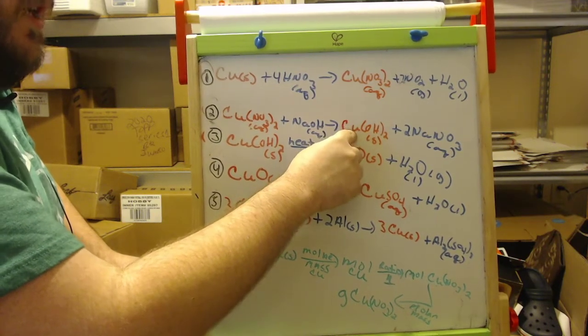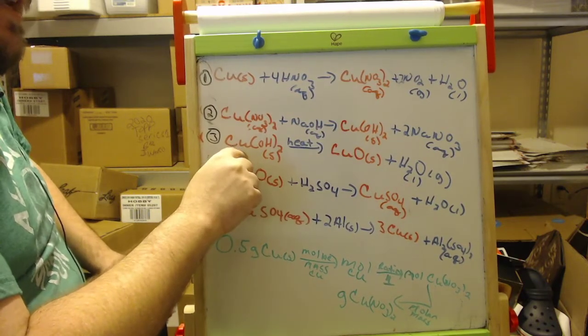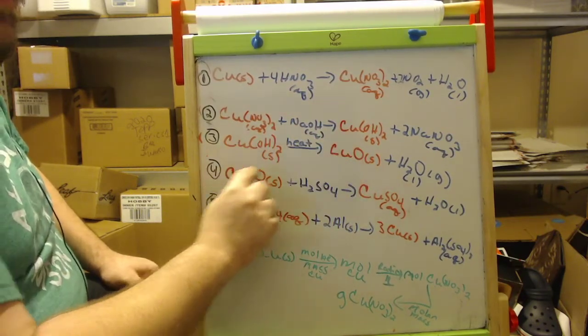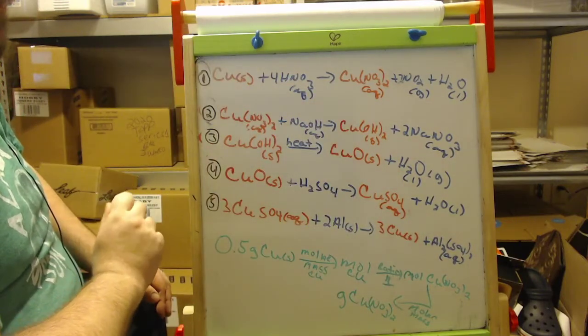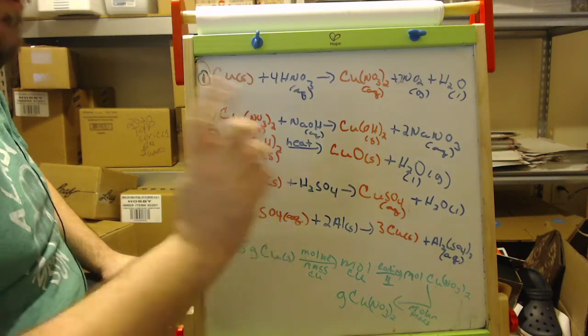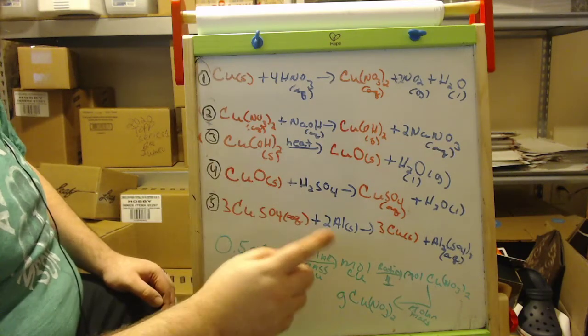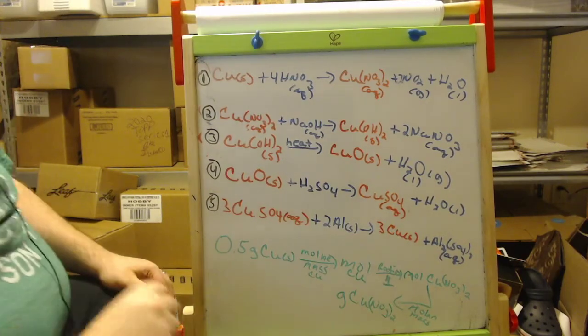How many moles are here? 1:1. If this was 0.3, then this should be 0.3. Start that here. It's 1:1 again. This is 0.3. Figure out how many grams using the molar mass of copper oxide. And so on and so forth. To do your theoretical yield, you go all the way through until you get to this copper here.